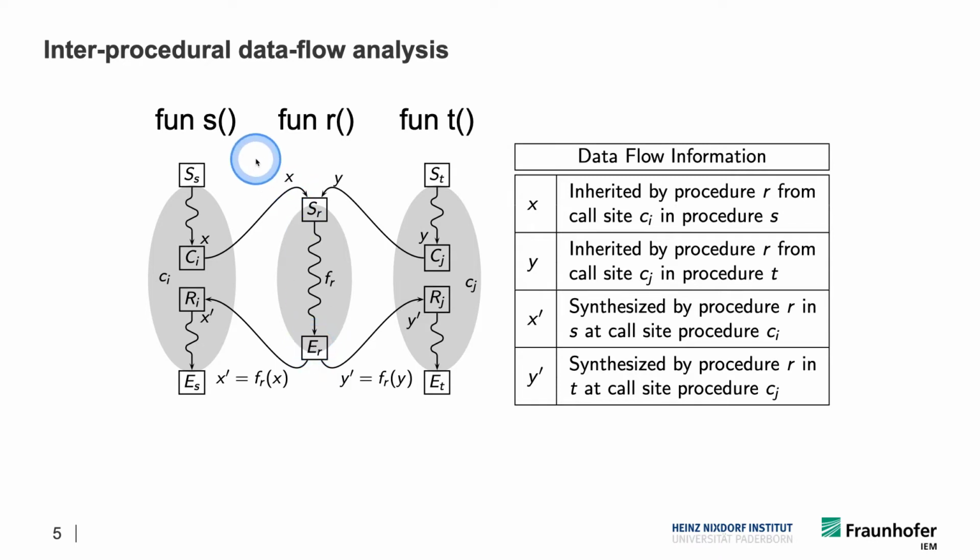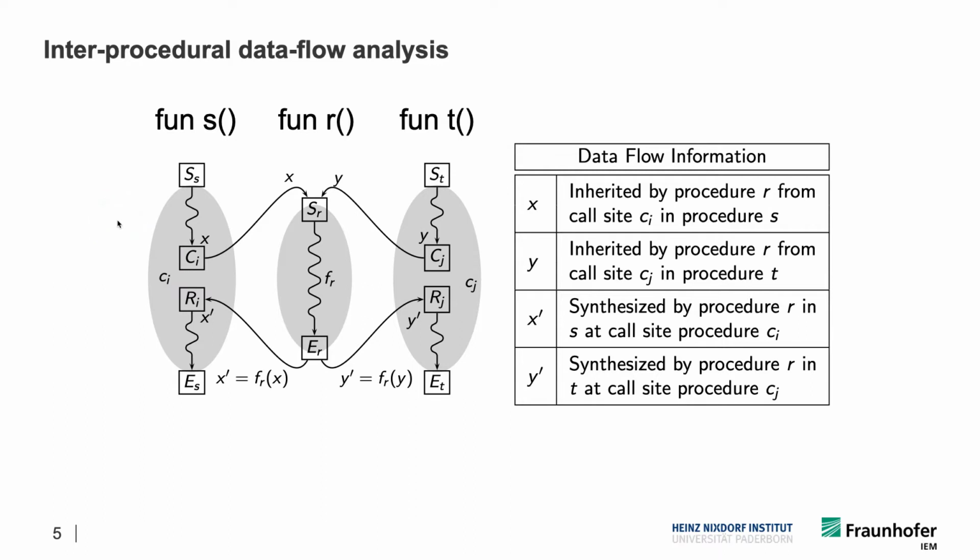And then we also have some functions S and T that call into R, and they have some data flows on their own. So for instance, when you start analyzing S, you end up with some data flow fact X here at this call site CI that calls R. Okay. Similarly, here you have a data flow item Y. And then we also have additional data flows down here that I will get to in a minute.